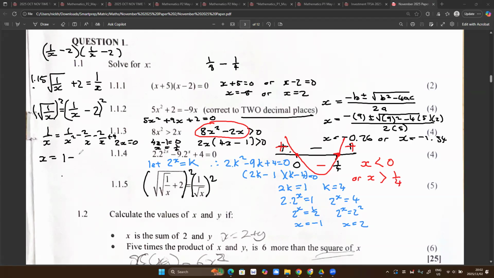So minus 4x. And then plus 9, that was plus 4, so that'll be plus 4x squared. Okay, and so we say 0 equals 4x squared minus 5x plus 1.